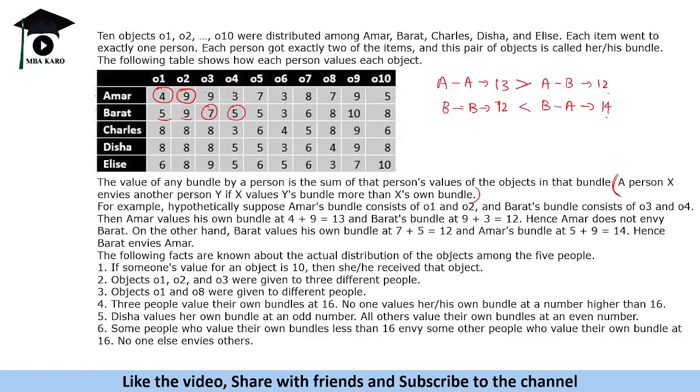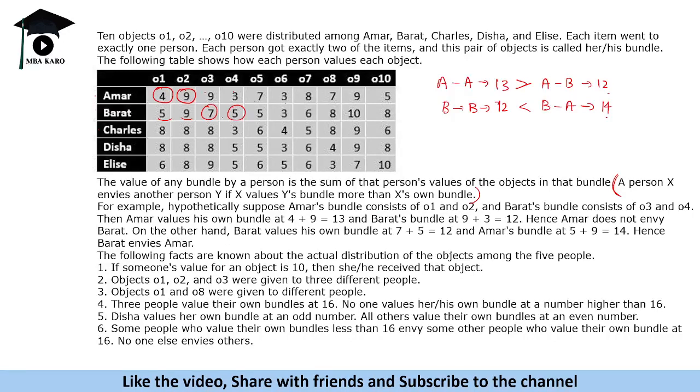If you are rating someone else higher than yourself, you will envy that person. For example, if you write a mock test and feel that someone else is getting more marks than you, you will definitely envy that person. So this was a very important point to understand.